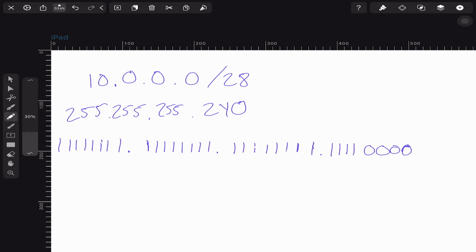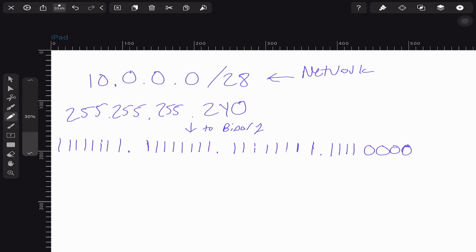So actually, that 240, we're going to change this down to binary. And actually, we have to do this. Why? Because remember, we need those 5 things. So we have our network address here. This is our network address.